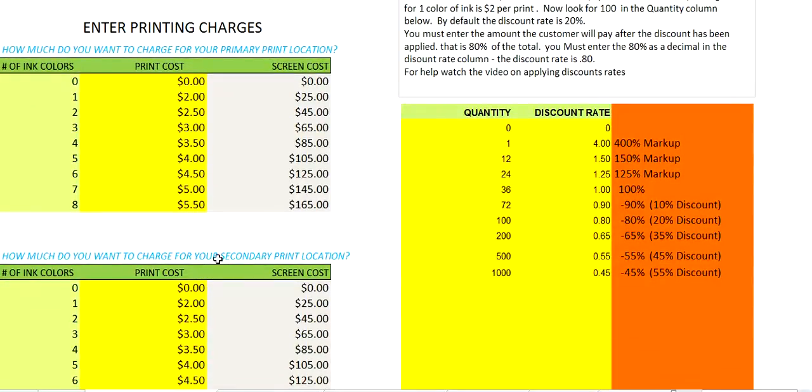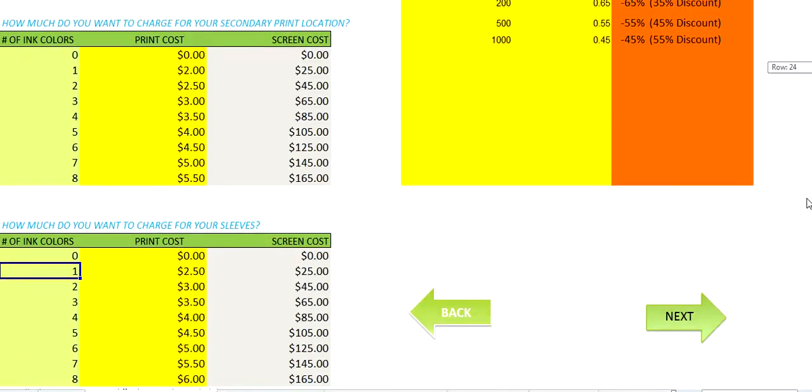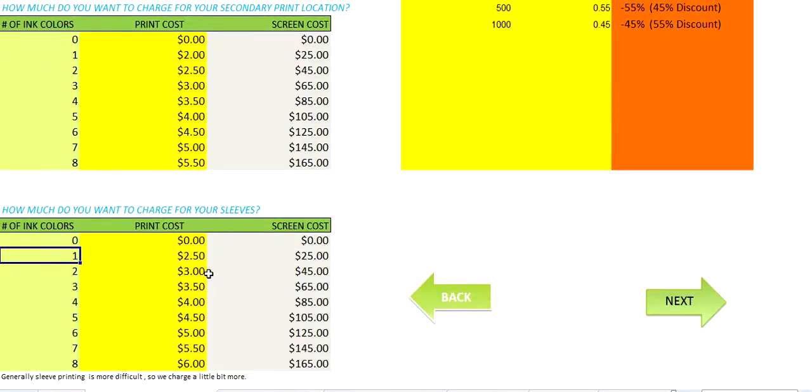So here you would add in the print costs for your secondary print locations. And then we've got an area if you wanted to add sleeves. Now, we charge more for sleeves than we do for printing just a regular one color print location. We're about 50 cents more.